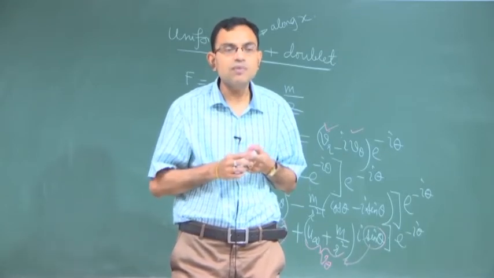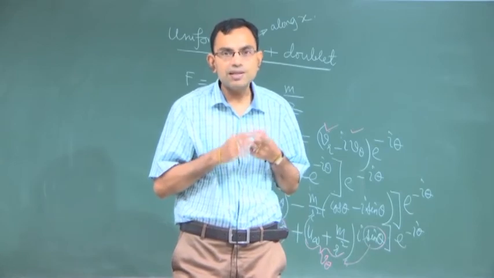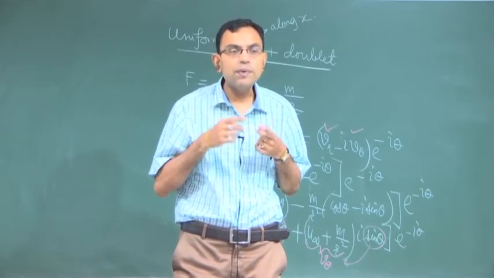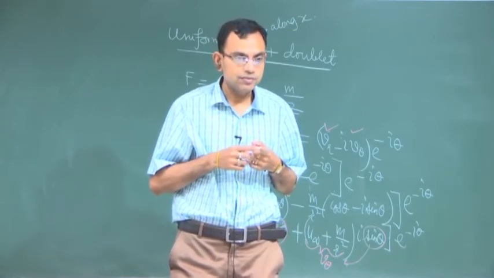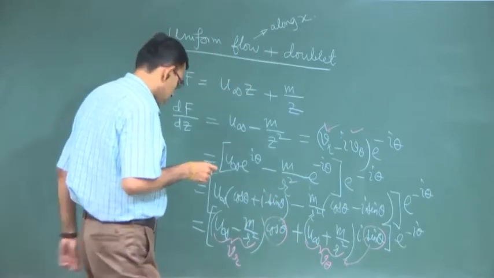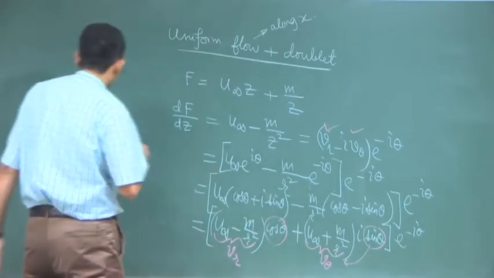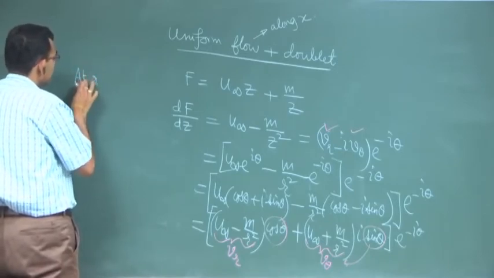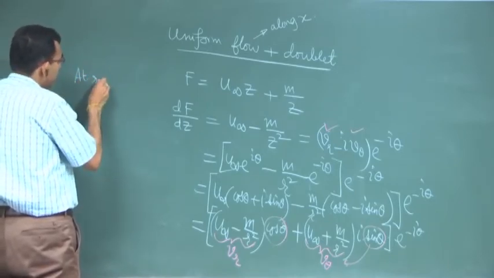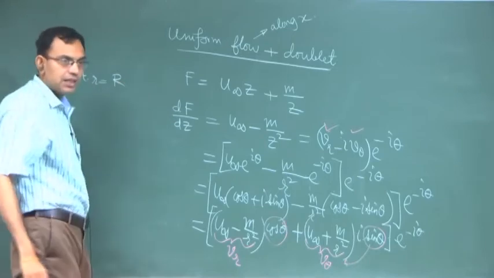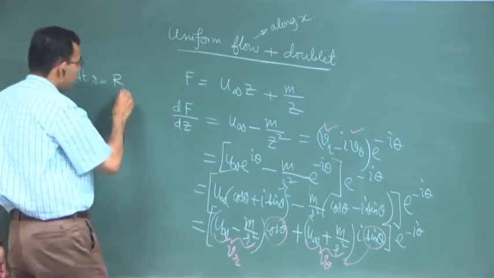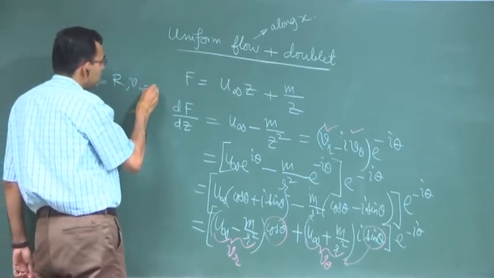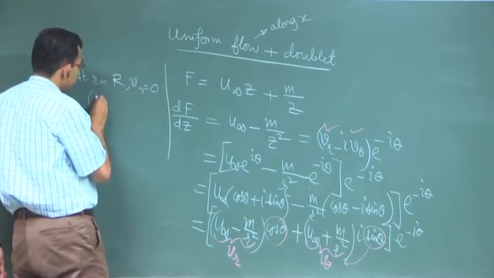On the surface of the cylinder you must have the no penetration boundary condition. That means at small r equal to capital R, which is the radius of the cylinder, you must have V r equal to 0. This is no penetration.